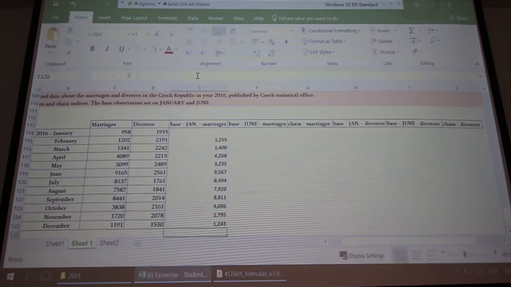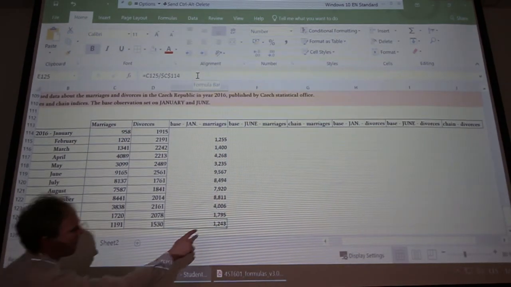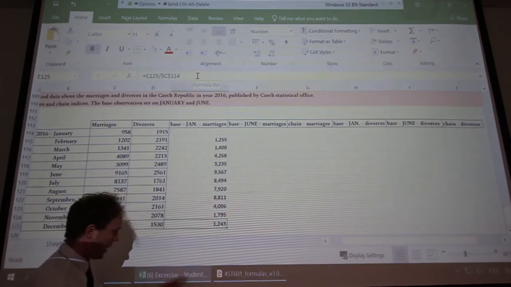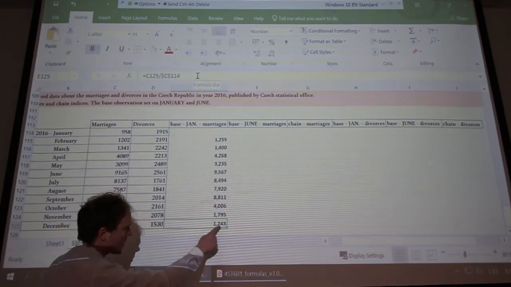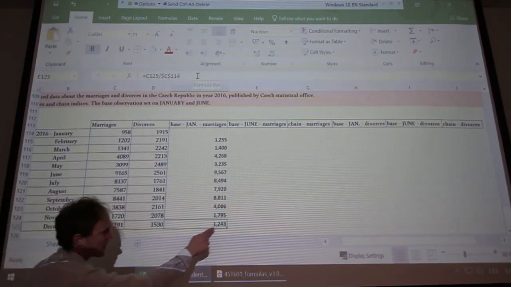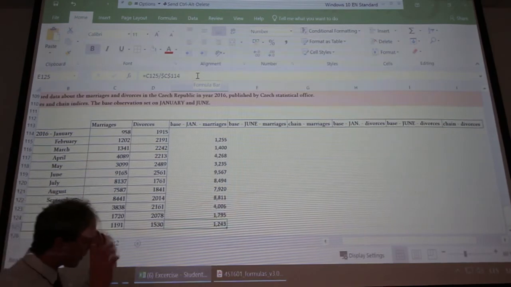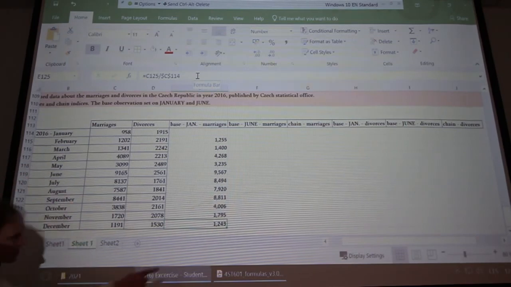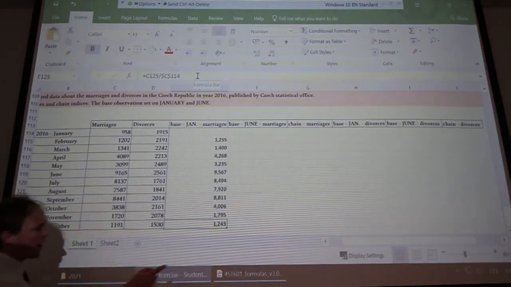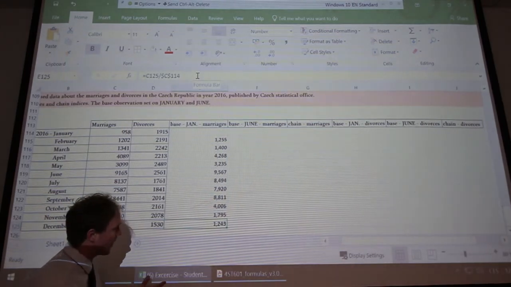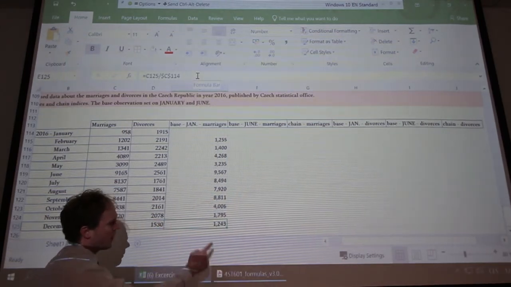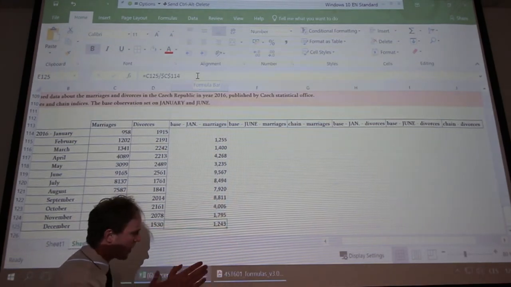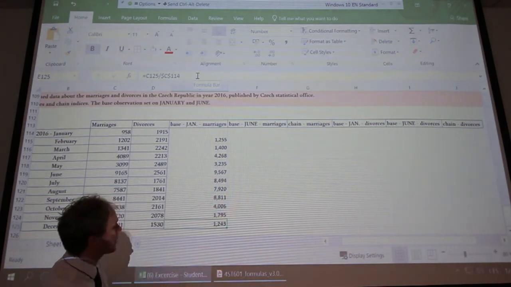You can see this value, for example, in December 1.243. We are able to interpret this in comparison with January. In December increased the number of marriages by 24.3% in comparison with January, with the base.